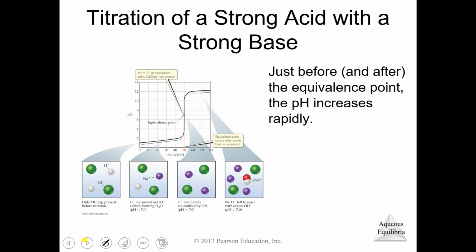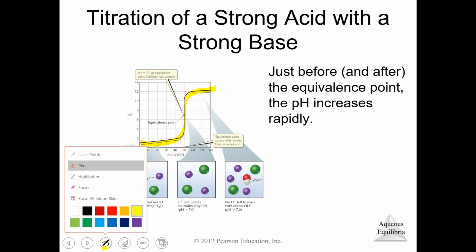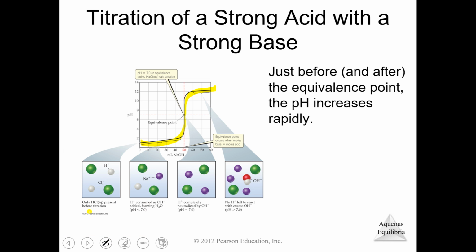Just before the equivalence point, the pH increases at an exponential rate. We get this really, really nice titration curve. So the pH is increasing.